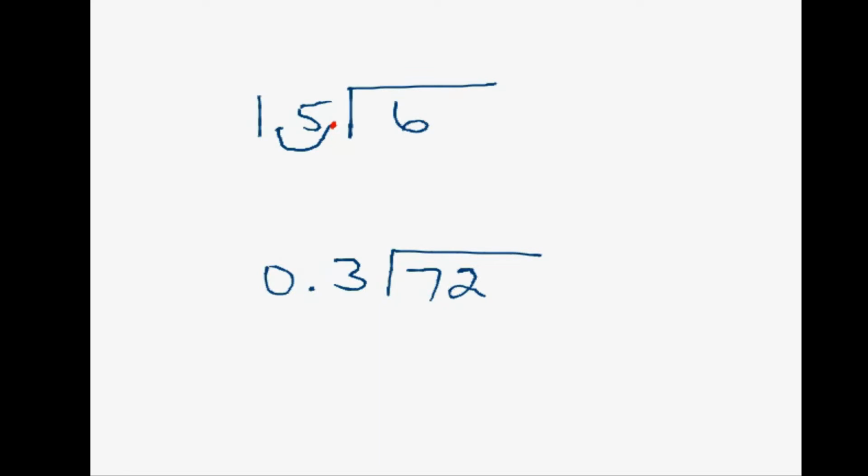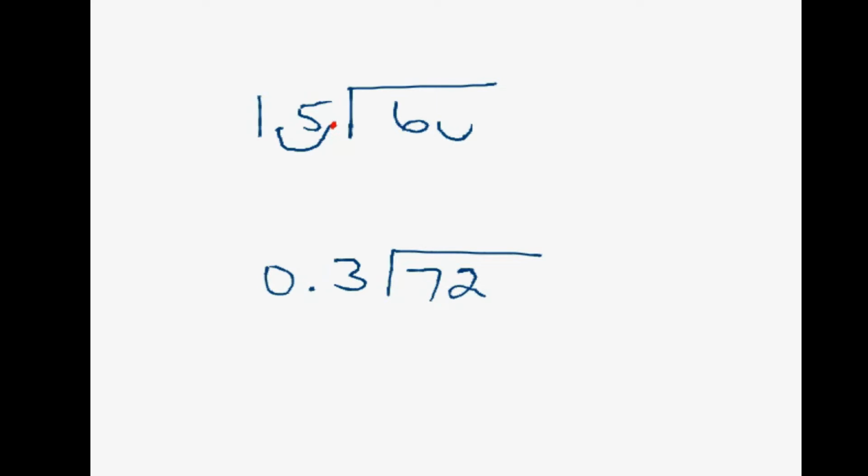When you look at the number 6, you may say, well, I don't see a decimal point that can be moved. But there is always an invisible decimal point in front of a whole number. Let's move the decimal point one place over to the right. 1.